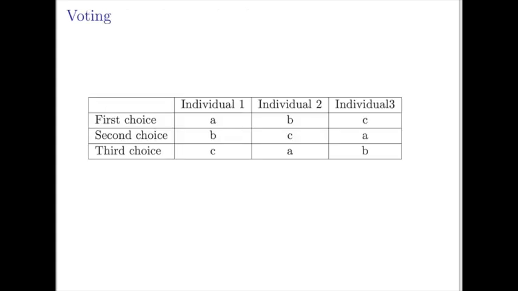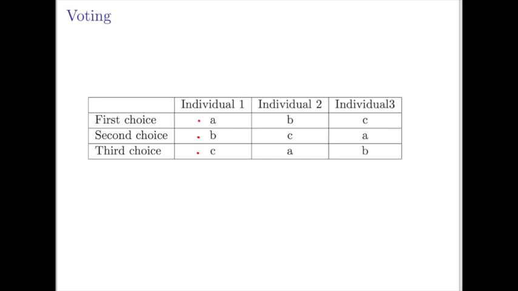For simplicity, let's look at a very small group of people where you have three people, individuals 1, 2, and 3, and we have three alternatives, A, B, and C. These people have preferences where individual 1 thinks A is the best, B is second best, C is the worst. And similarly, 2 and 3 rank B, C, A and C, A, B, respectively.